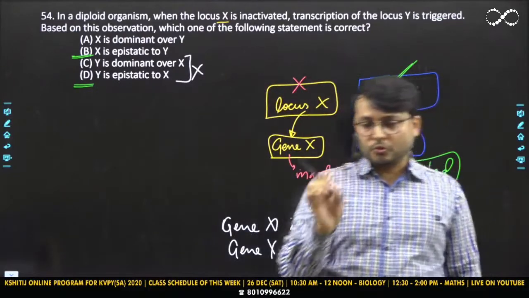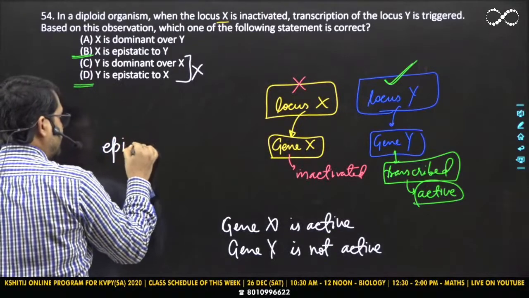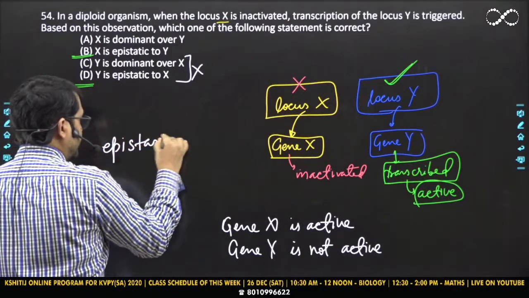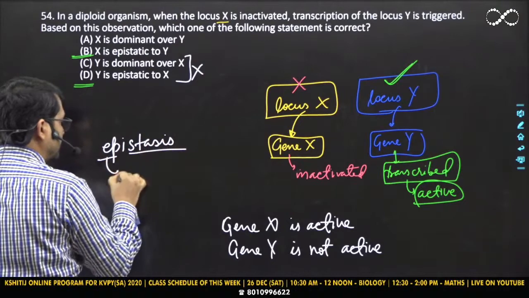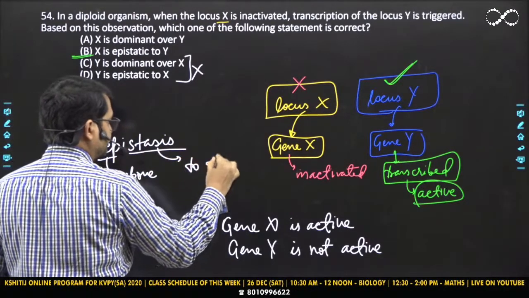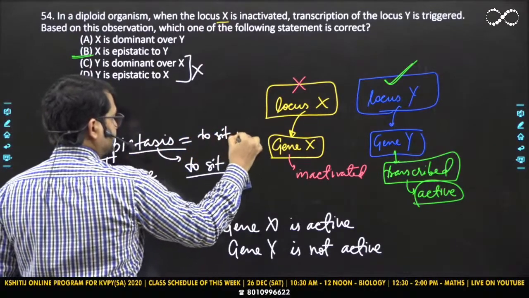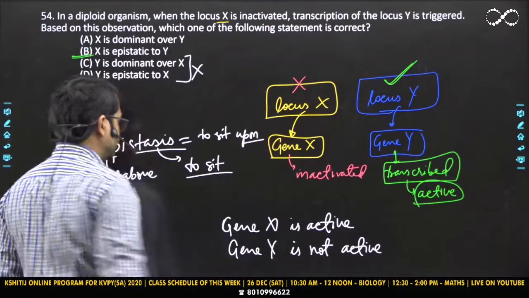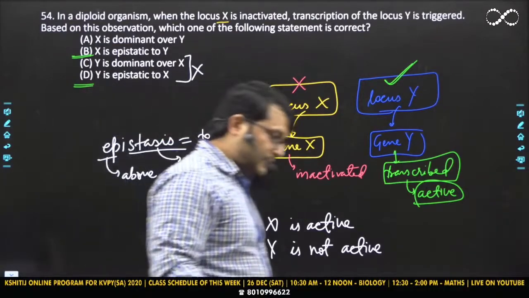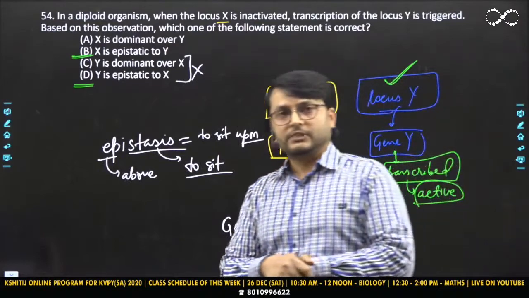Why? Some people may have a little doubt about epistasis too. Let me tell you. The word epistasis is made of two words. Epi means above, and stasis means to sit. So this word is like to sit upon. To sit upon means you are sitting over something and suppressing it. Getting it?